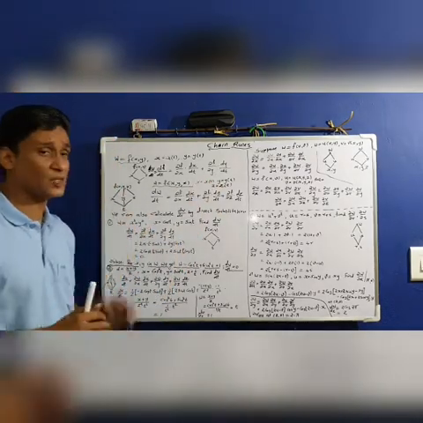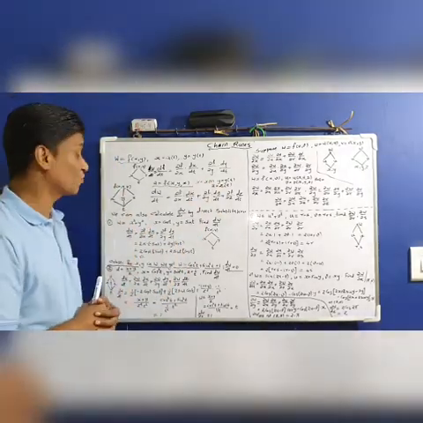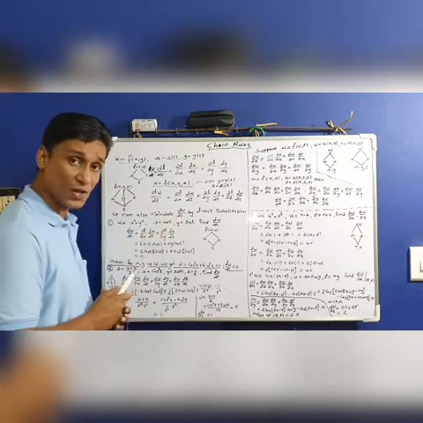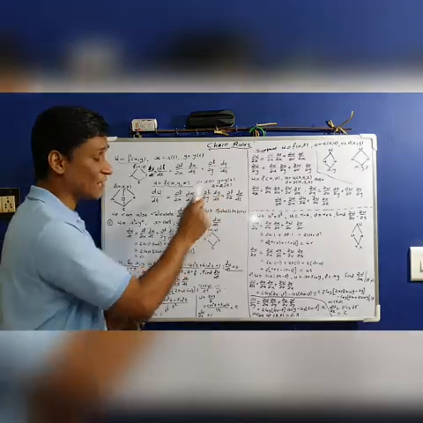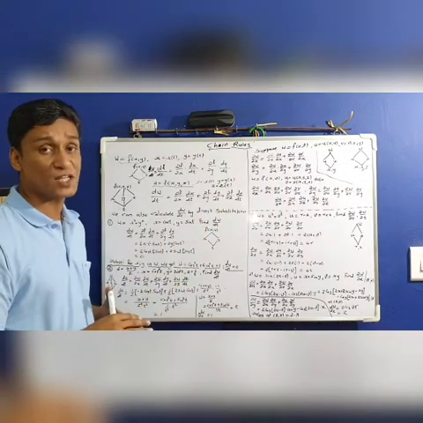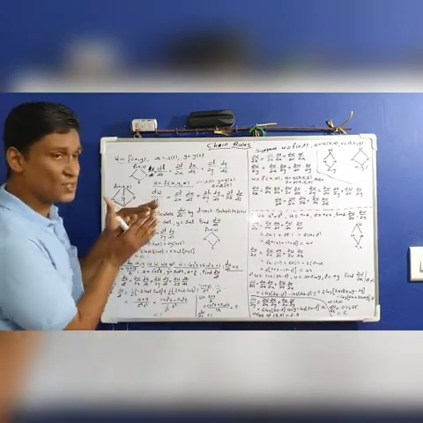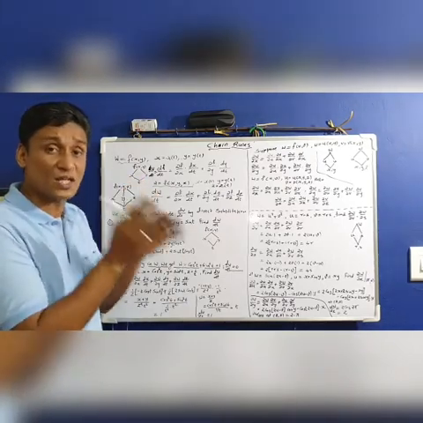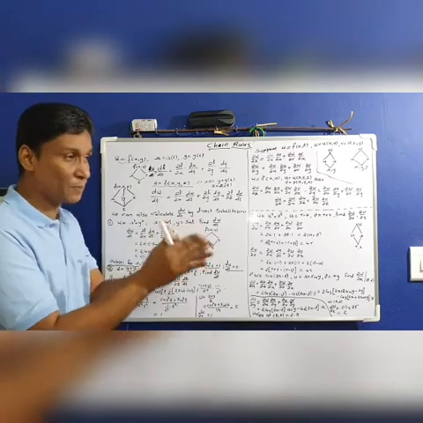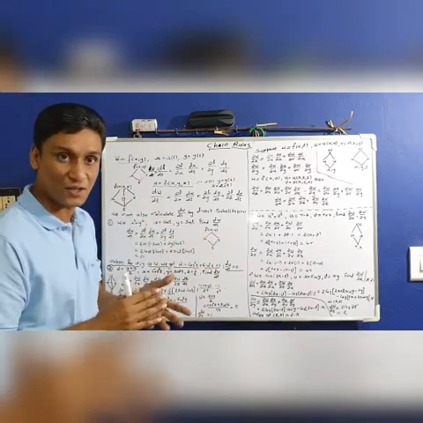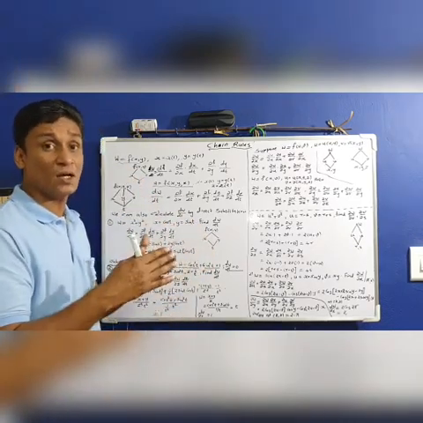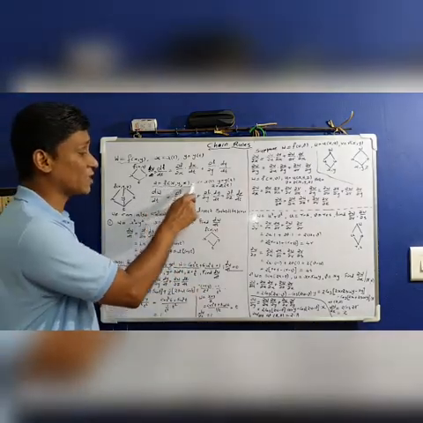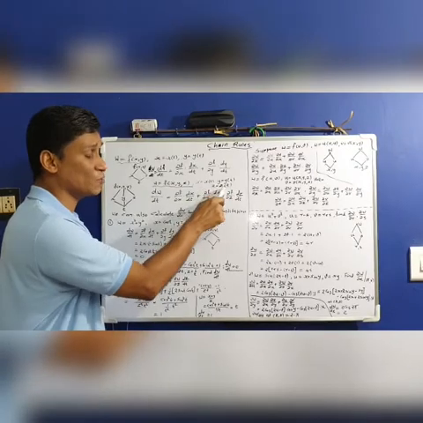Now if the given function has 3 variables, that is f of x, y, z, w equal to f of x, y, z, and x, y as well as z all are functions of single variable t, the same case arises. That means w is containing only a single variable t, but w appears to be in the form of x, y and z, but x, y and z are basically functions of the single variable t, that is w equal to f of x, y, z, and x equal to x(t), y equal to y(t), z equal to z(t).